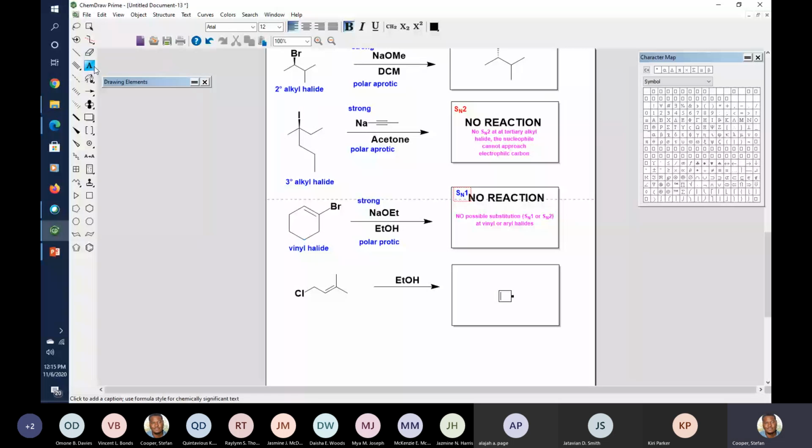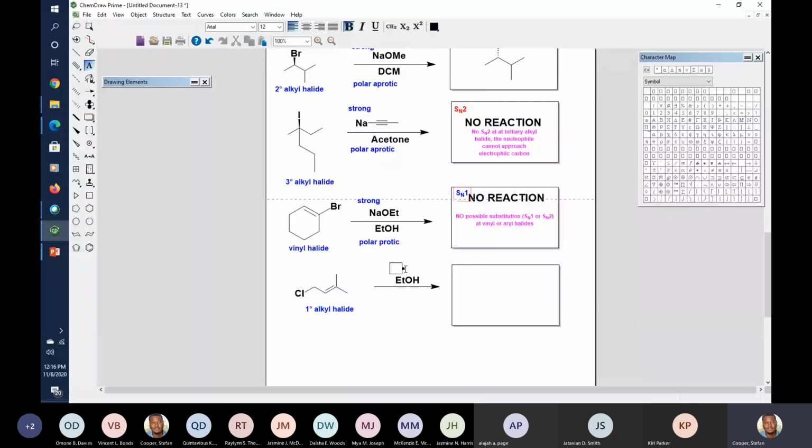All right, in the last case, what's going on here? I have a primary, this is just a regular primary alkyl halide. And I have only a solvent again, so that means my solvent is the nucleophile and the solvent, right?